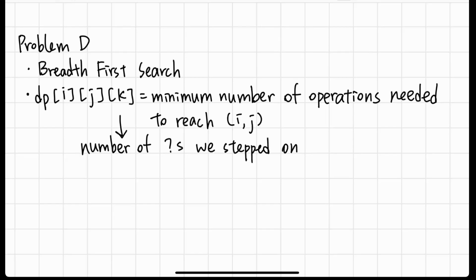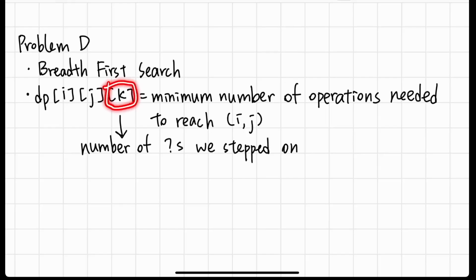So we can record a DP to keep track of, for each location ij, the minimum number of operations needed to reach ij when the current number of question marks we stepped on has a parity of k.